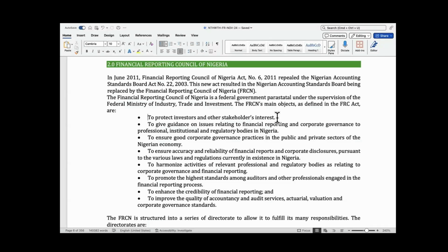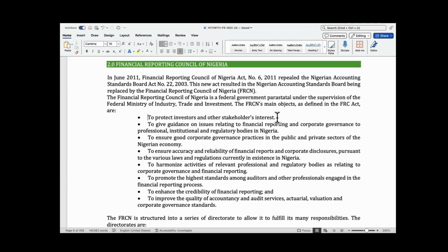Most financial reports that auditors sign and put out, ordinarily every company is expected to submit a copy of their report to FRCN. They scrutinize it, and they are looking at it for compliance with IFRS. If there is any deviation, they will invite the company representative, their auditors, and their tax consultants.